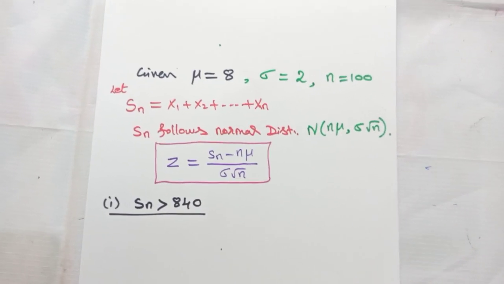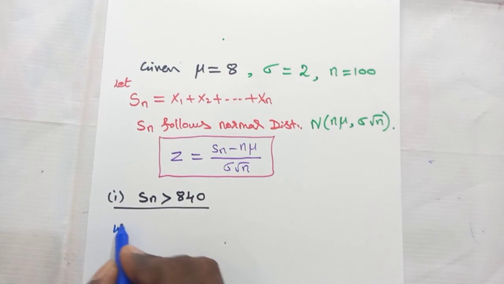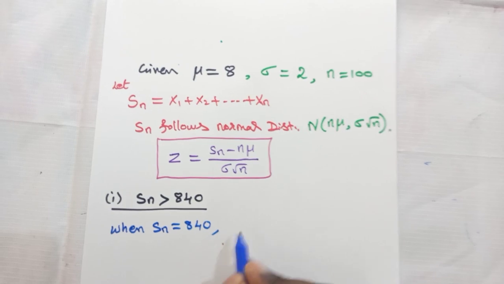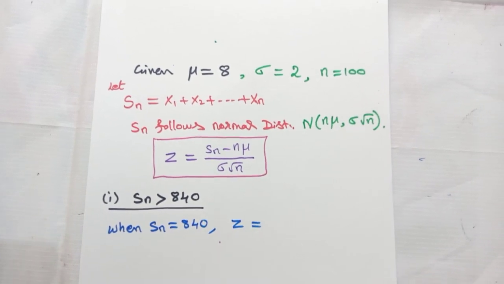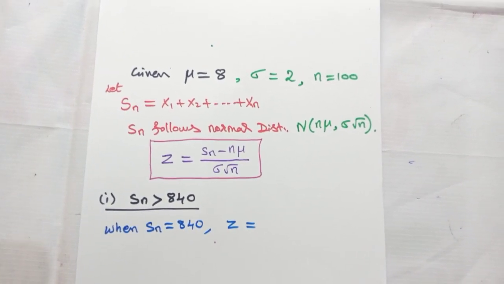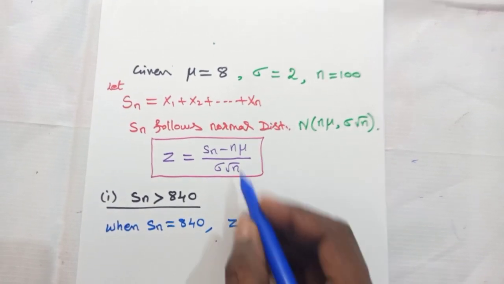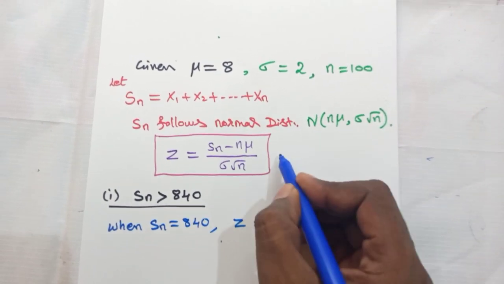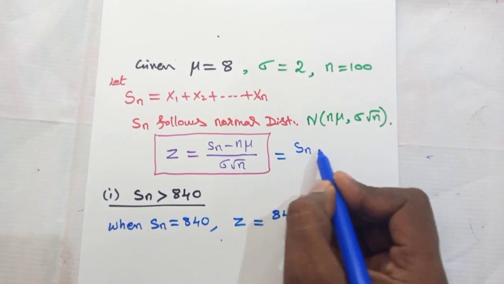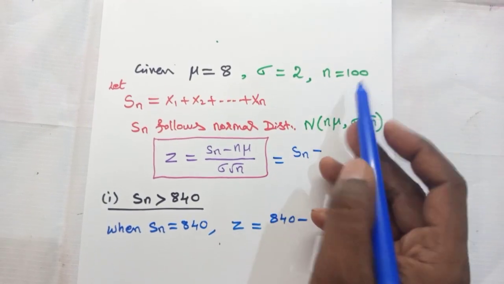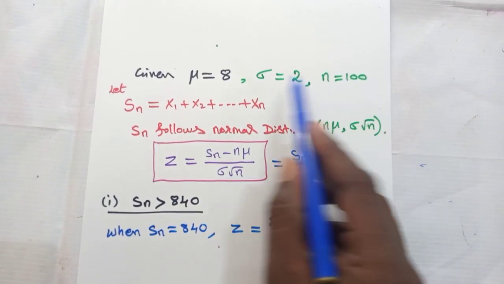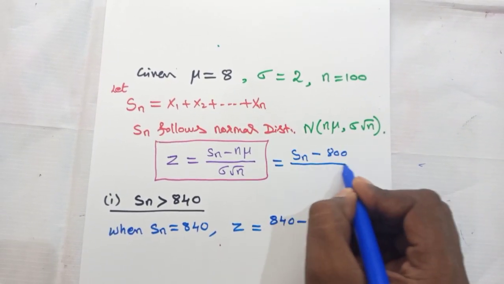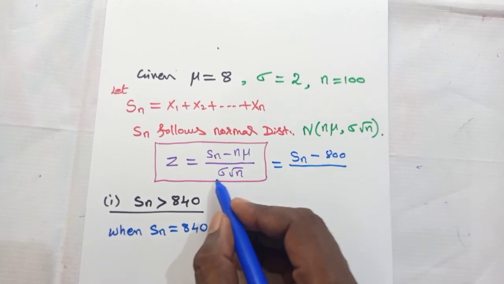Now in this problem, when Sn is equal to 840, what is Z? So this is what we have to find out. When Sn is equal to 840, substitute here: 840 minus n mu. Sn minus n mu, what is n? n is 100, mu is 8, so 8 into 100 is 800, by sigma root n.